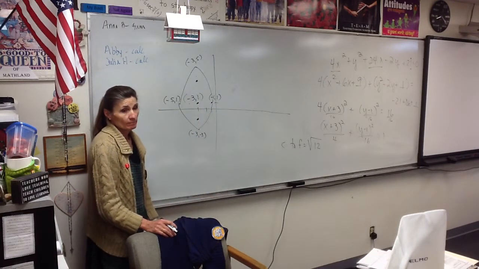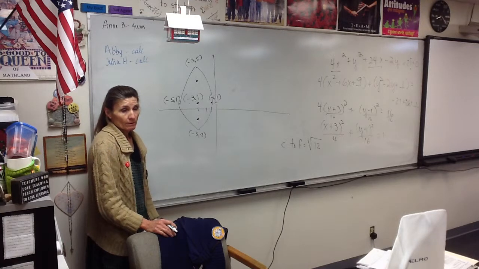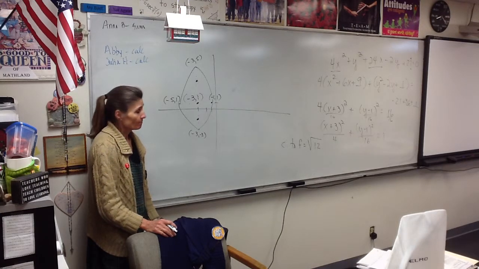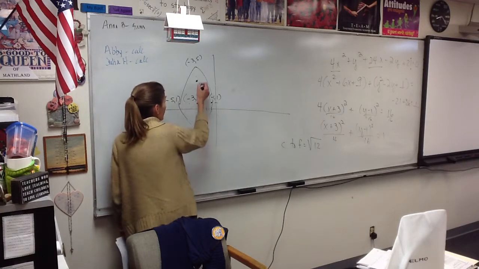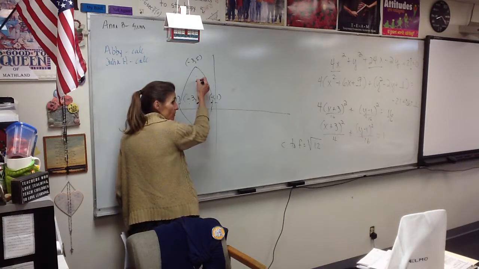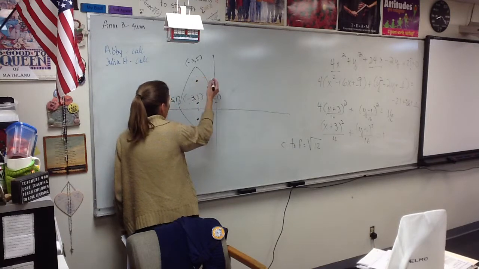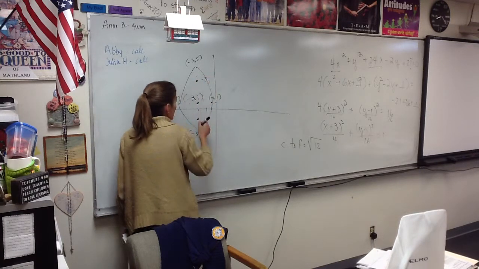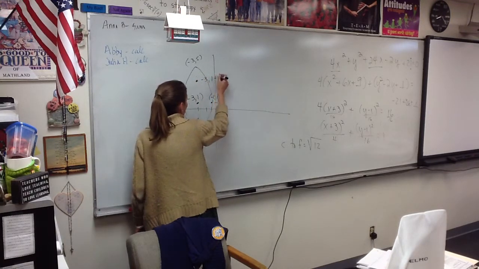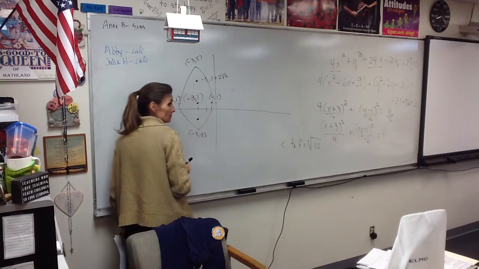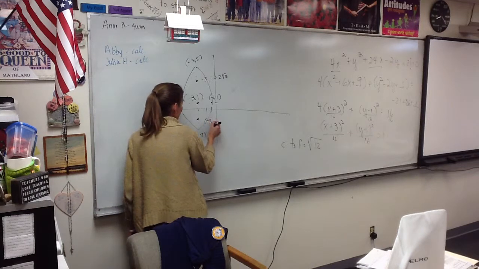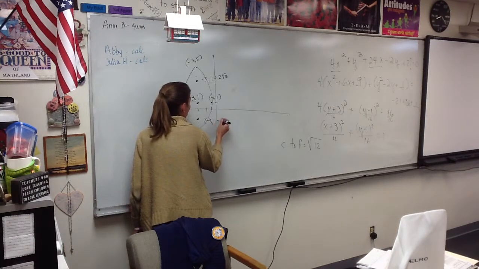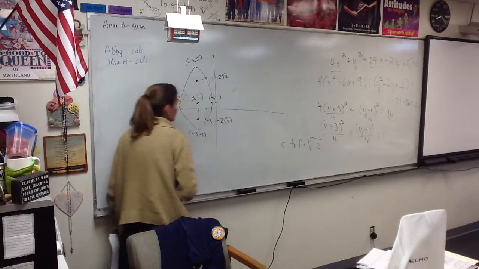Let's fire up those neurons. So I'm going to start at this point right here, and I'm going to go up the square root of 12. So where would I be? Negative 3, comma, 1 plus 2 root 3. Square root of 12, 2 root 3. And this would be negative 3, 1 minus 2 root 3.